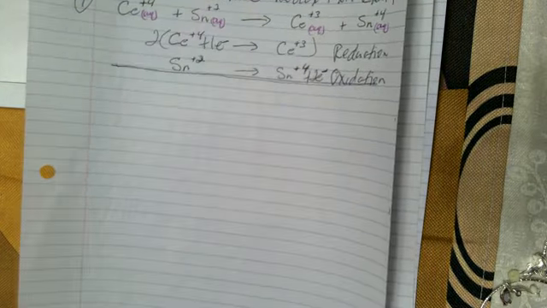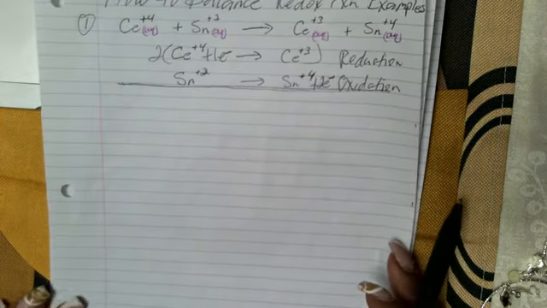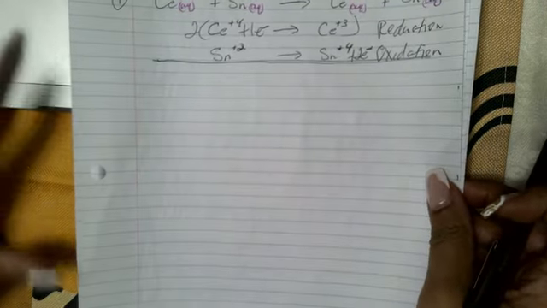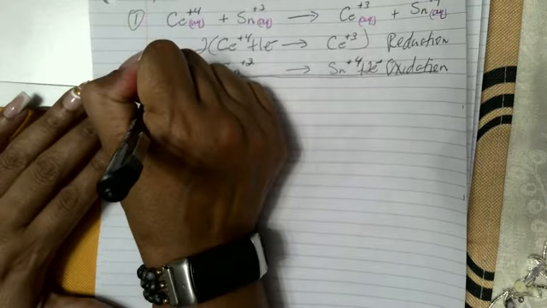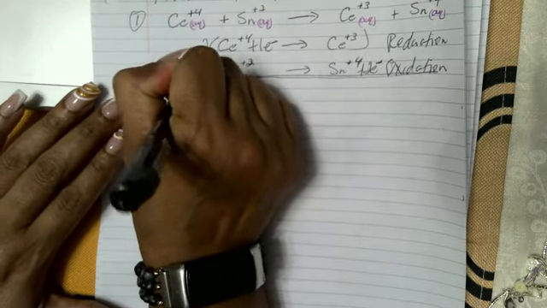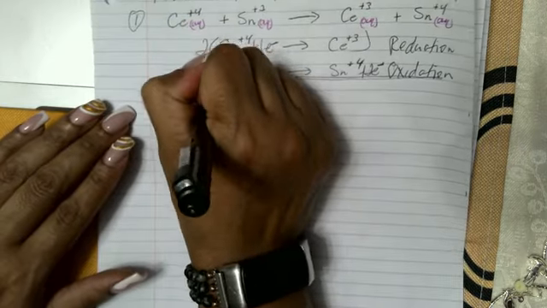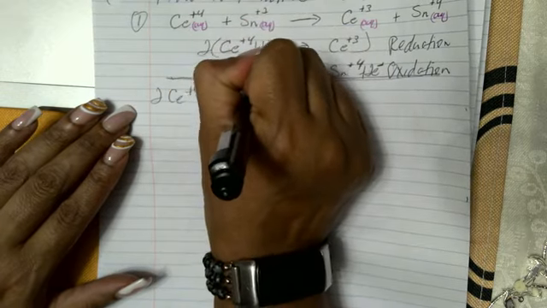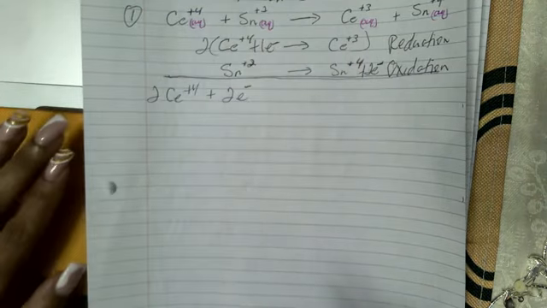Okay? So now I'm going to multiply and bring down at the same time. So I have 2 times Ce with a +4. So that's going to give me 2 Ce +4. Okay? Plus 2 times 1 electron, that's 2 electrons. All right? I'm going to do the whole reaction side.